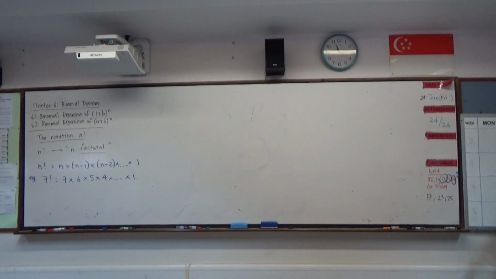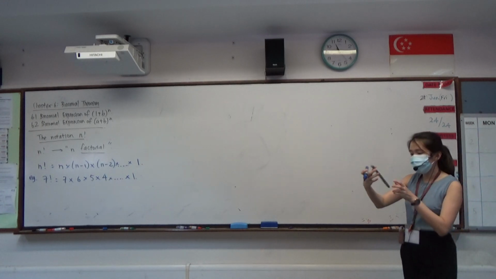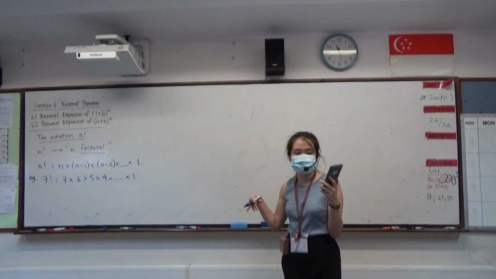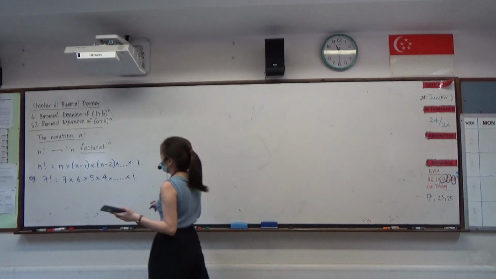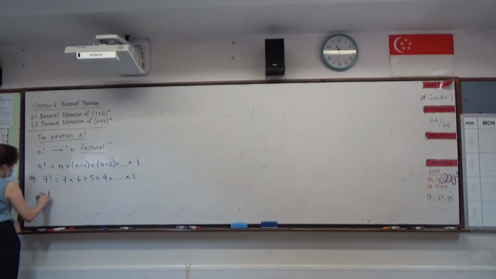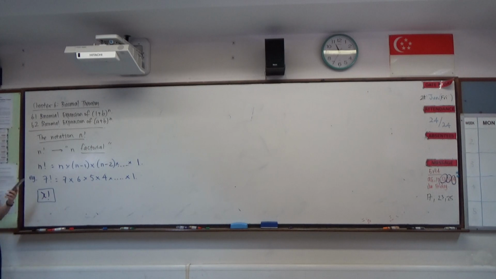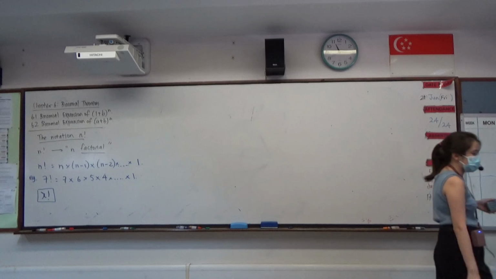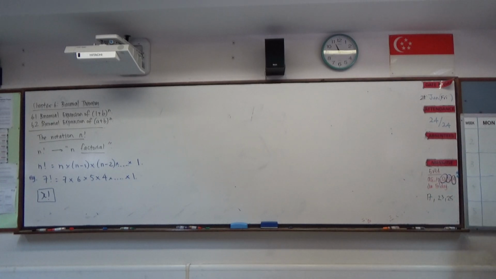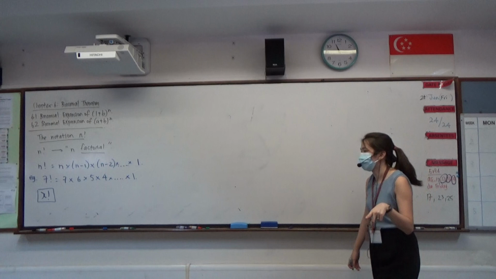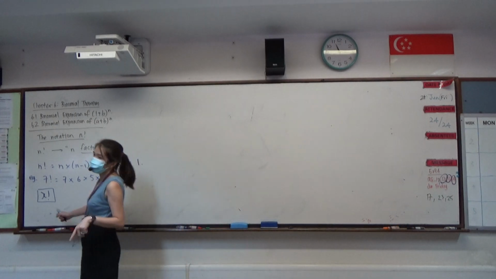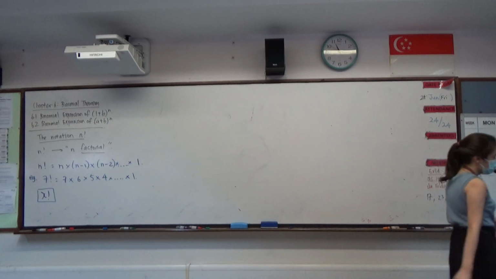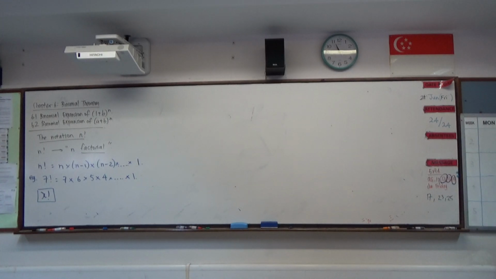If you are using the Casio one, at the top right hand corner below the on button, there is an x factorial. That is for the Casio calculator.